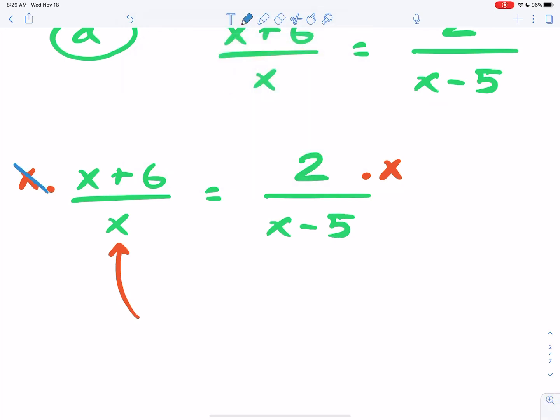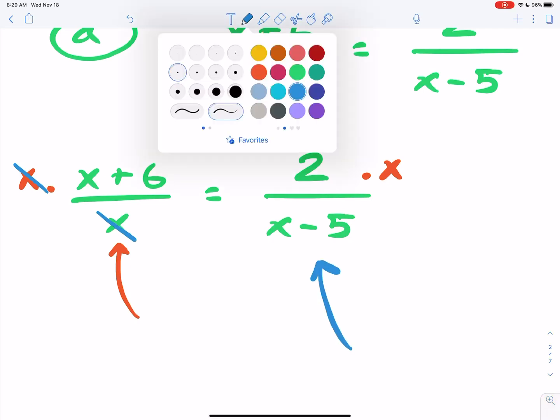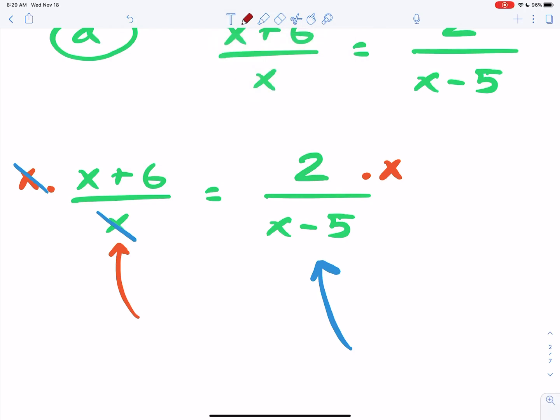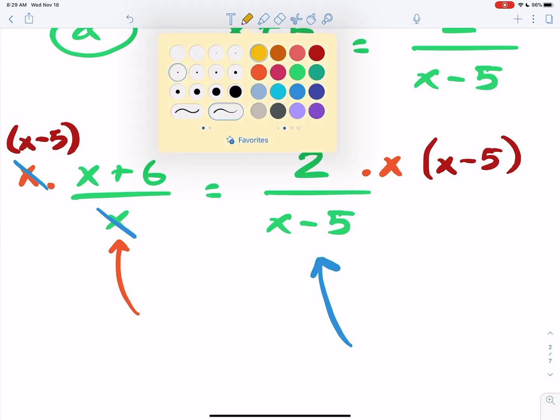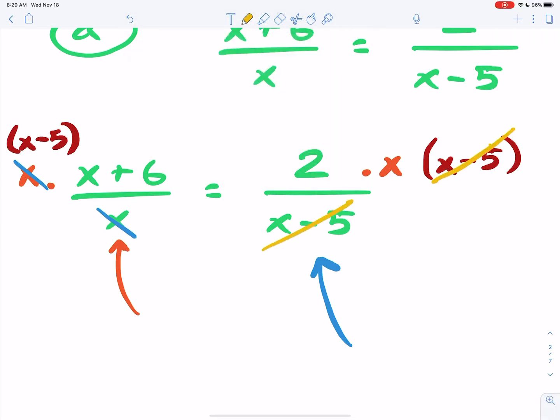Okay? But here's the thing. That'll cancel out that x, but then I still have this x minus 5 down here. So what I'm going to do is I'm going to multiply by x minus 5 so that I can cancel that out. But what I do to one side, I have to do to the other. Okay? So again, what happens here is that x minus 5 will cancel out.